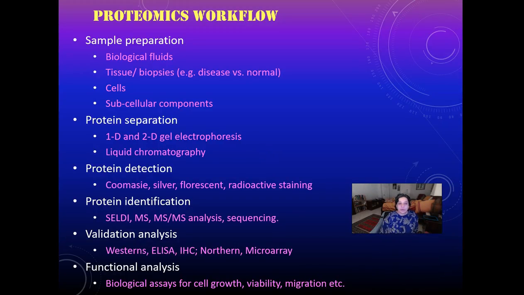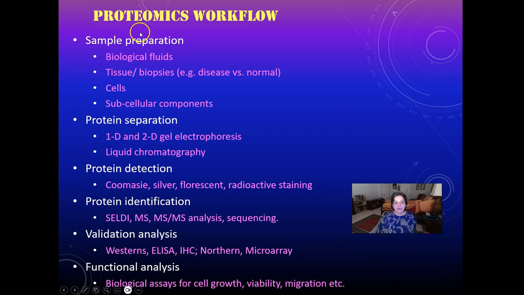So a typical proteomic workflow focuses on using our proteins within the cell, if it is a culture system, or if it is an organism, looking at biological fluid, tissues or biopsies, and then using those to find differences in gene expression, differences in protein expression, and looking at how to examine their function from that information.